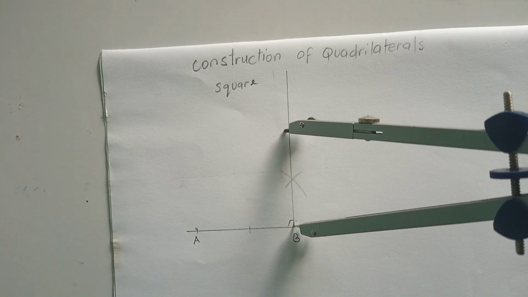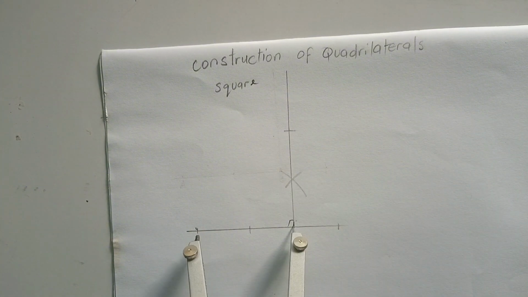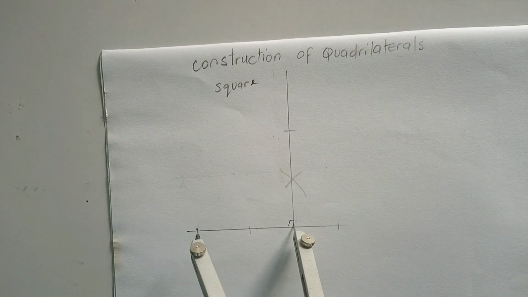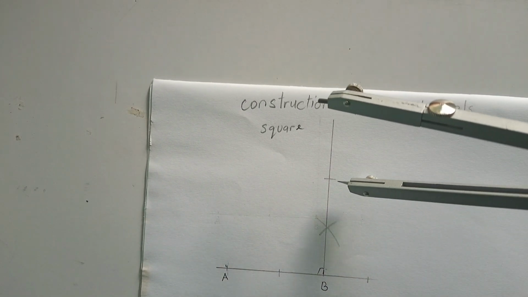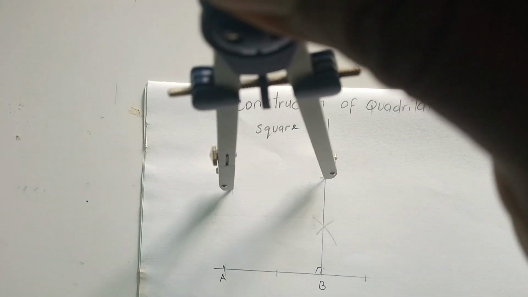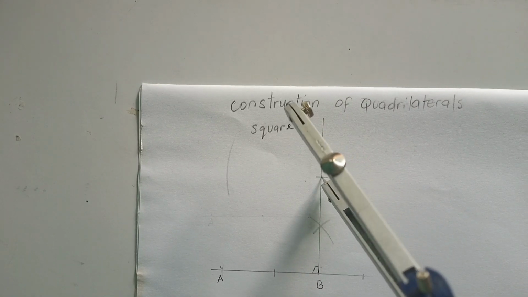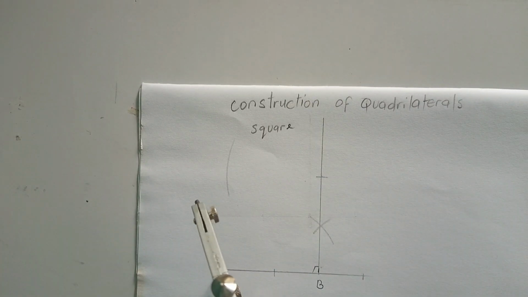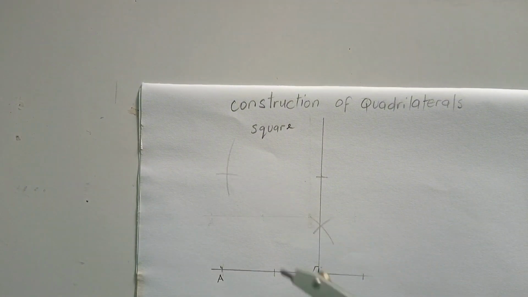We strike an arc at that point. We strike another arc at that point, like that. And then we stand at this point on top here. We strike an arc there. Without adjusting any measurement, we stand at point A again here. We strike another arc there.